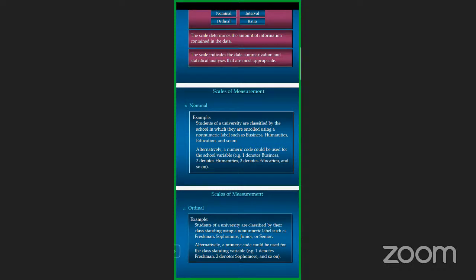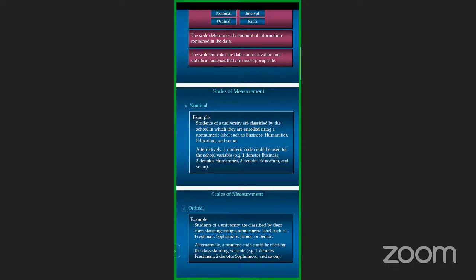It is related to students in the university based on their seniority. So we can give numbers to those as 1 for freshman, 2 for sophomore, 3 for junior, 4 for senior. Like that, the numbers we are allocating to analyze it.